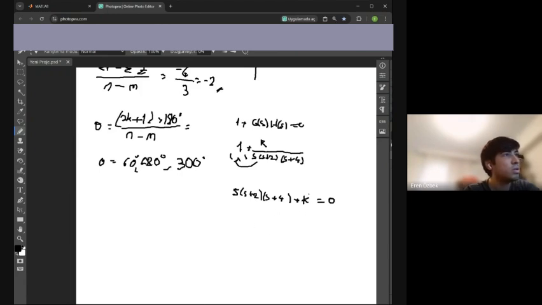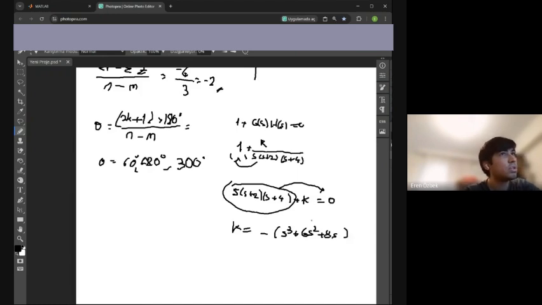We solve for the other side: K equals minus s cubed plus 6s squared plus 8s.